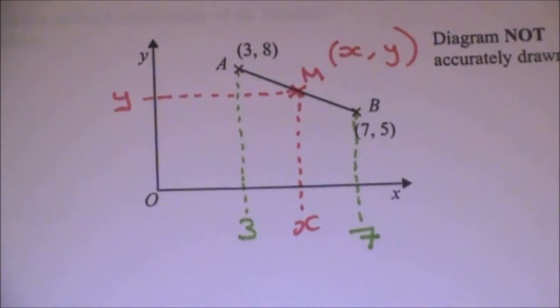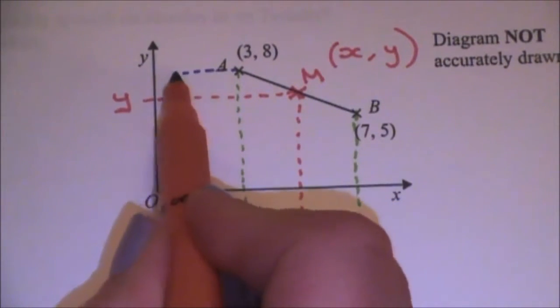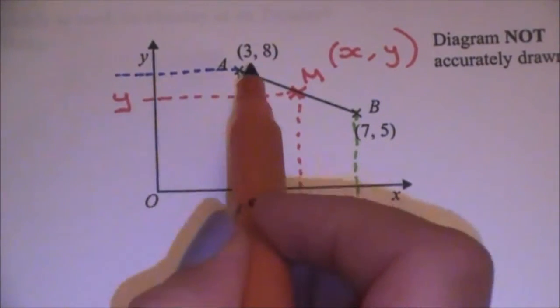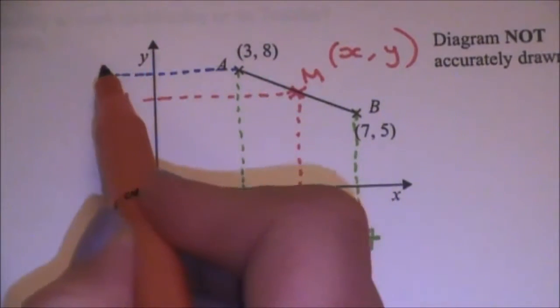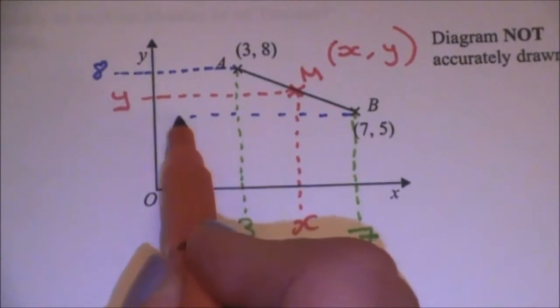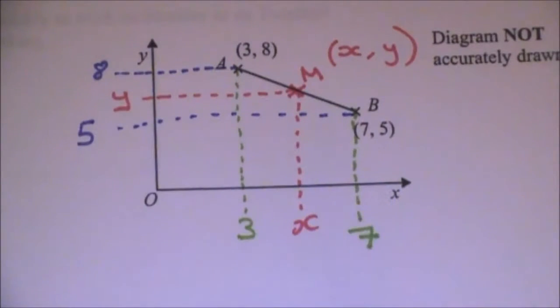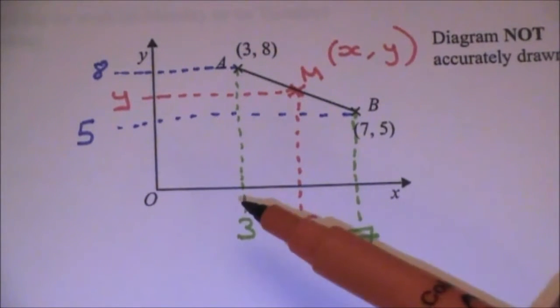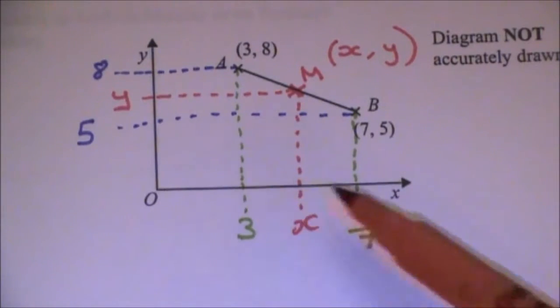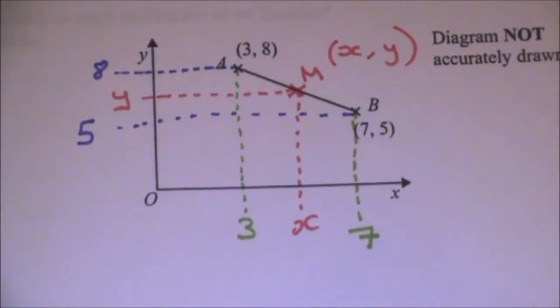Now, if I look at the y values I've already got, I can see that point A crosses the y-axis at 8. And I can see that point B crosses the y-axis at 5. So what I need to do is find the middle number between 3 and 7 and the middle number between 8 and 5.